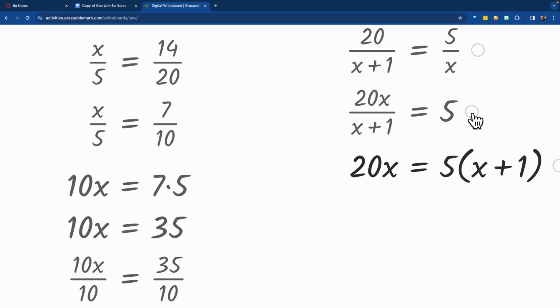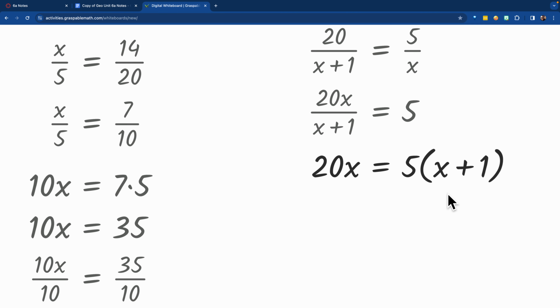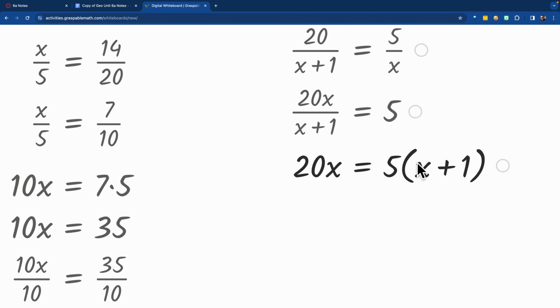But I'm going to show you my favorite. My favorite is I start dragging one piece, and then I hit the Alt key. If you were on a MacBook, it would be the Option key. But I just tap the Alt key, and that will include more of that denominator or more of that term, that group. Now I have 20x equals 5 times x plus 1.